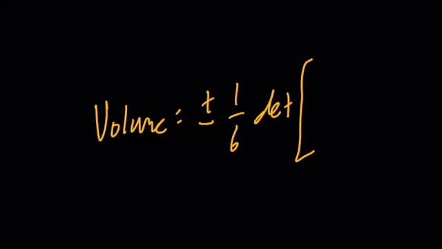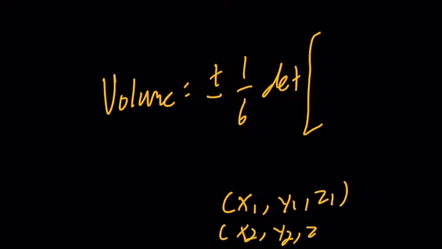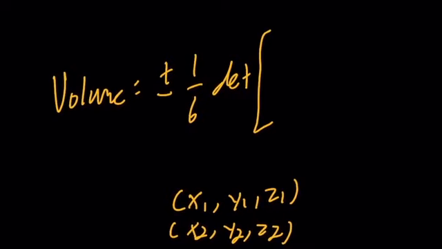So there's X, Y, and Z axis. So that means we have a point at x1, y1, z1, x2, y2, and z2, and we have an additional one at x3, y3, z3.